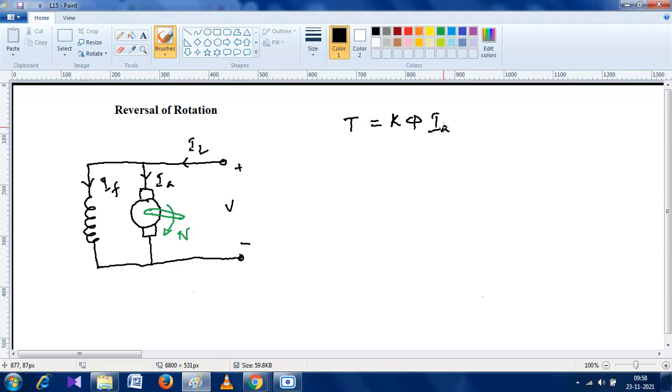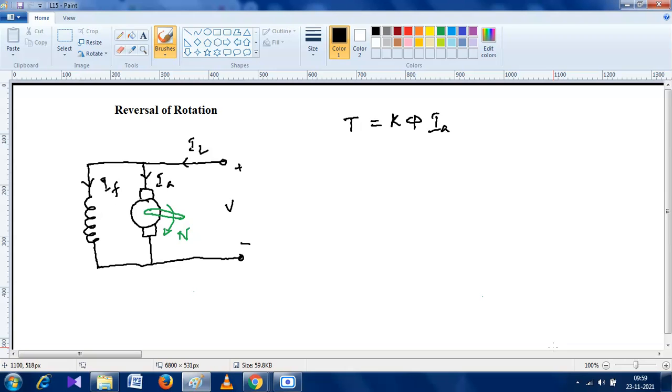Sir, it experiences torque. Good. The armature experiences torque, that's why the rotor or armature will rotate in a particular direction. That means the reason behind the rotation of a DC motor is the torque.